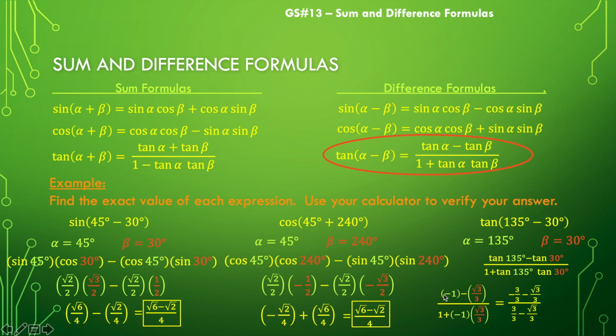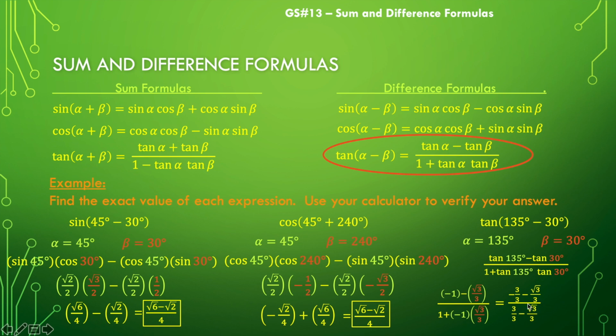Notice that what I did here was I just got common denominators. This -1 and the square root of 3 over 3, I just multiplied this by 3 over 3. So I got a common denominator. All right, and I did the same thing here because this product here is negative rad 3 over 3. And then if I multiply this by 3 over 3, then I can actually put those together.